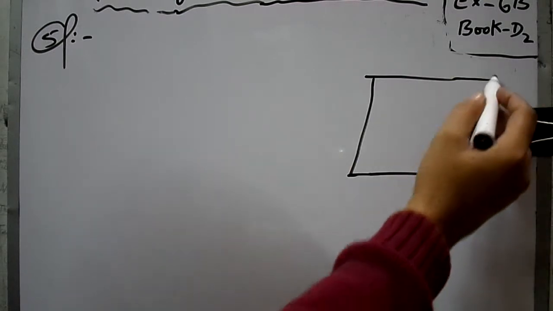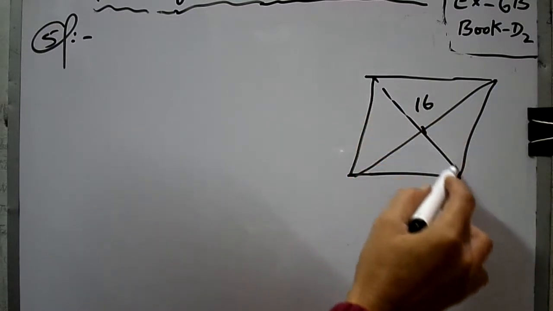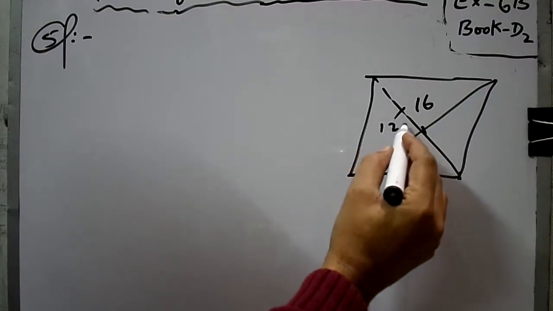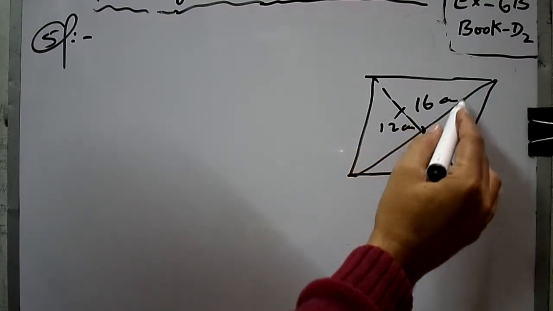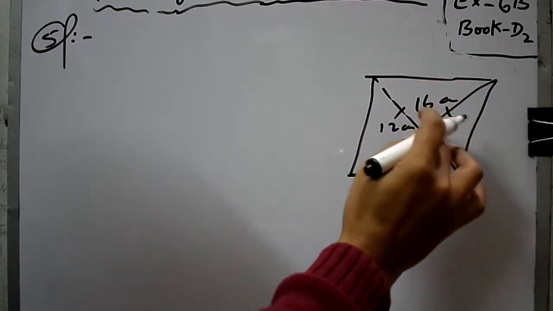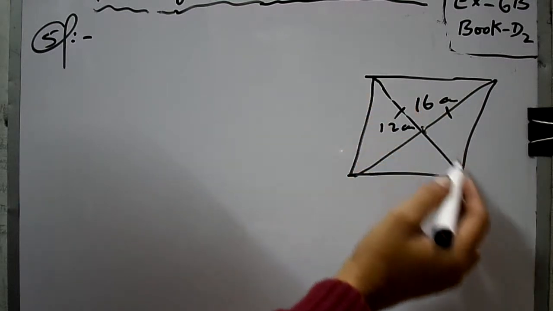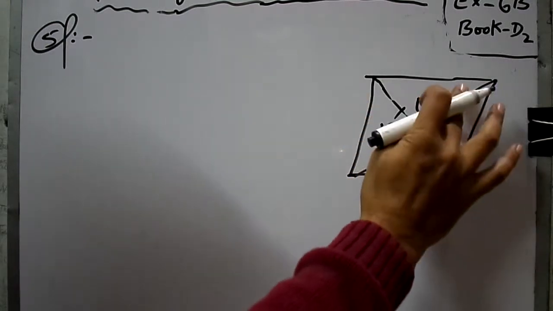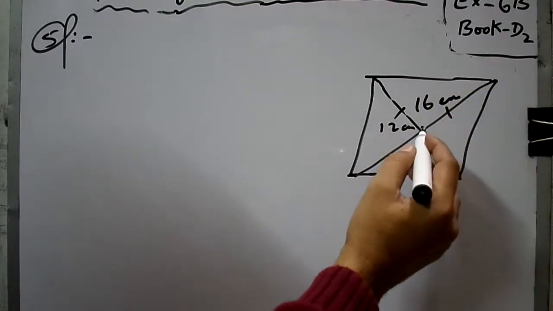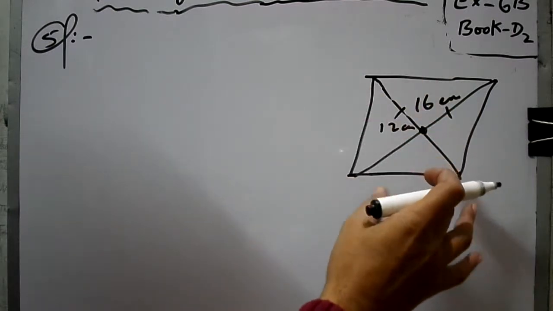The diagonal length is 16 centimeter, the longer one, and the other is 12 centimeter, the shorter one. Now this one is 16 and this one is 12 centimeter.